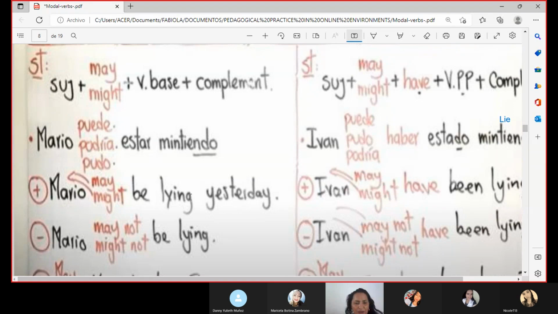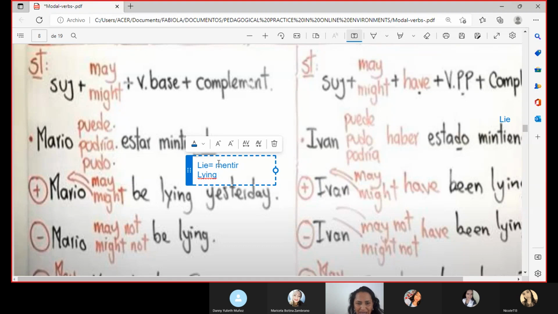Ese lie es el verbo mentir. Pero recuerda que cuando estamos hablando para utilizar el presente continuo, en ese caso eliminamos la e y decimos ing. Lying, para decir mintiendo. ¿Listo?